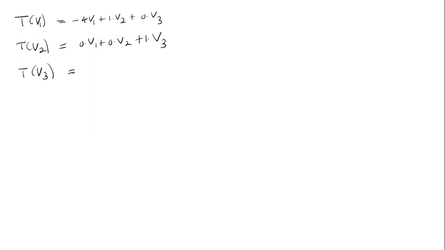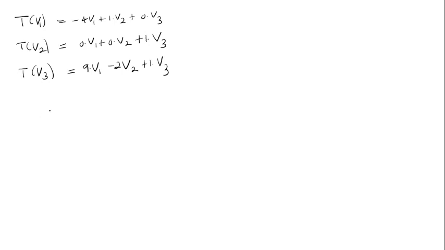I found that TV1 equals minus 4V1 plus 1 into V2 plus 0 into V3, and I found TV2 equals 0V1 plus 0 into V2 plus 1 into V3, and TV3 was 9 into V1 minus 2 into V2 plus 1 into V3.